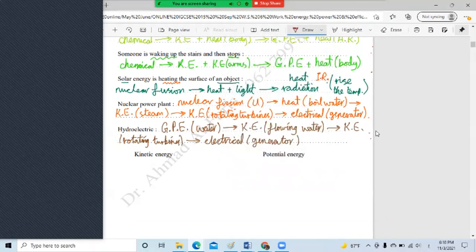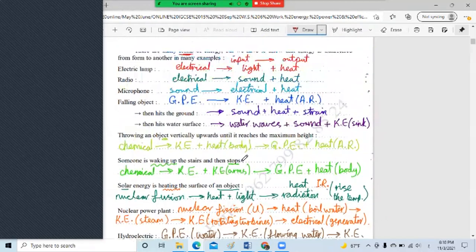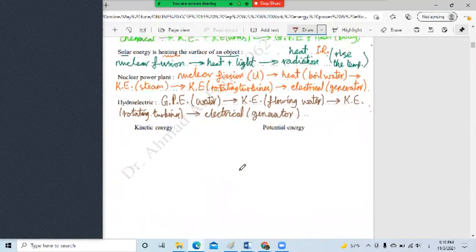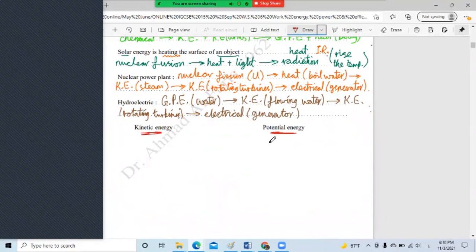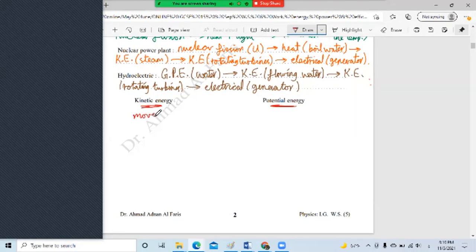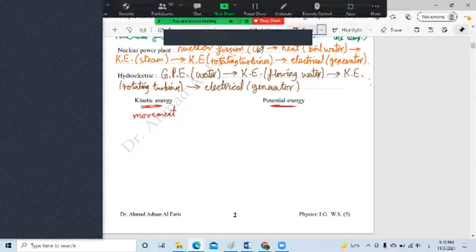These are a few examples. There are many examples of how energy transfers from one form to another. They can ask about any one of them. So the main two forms of energy that they ask about by formula and by calculations are the kinetic energy and the gravitational potential energy. So what's the kinetic energy? Any object that is in motion, in movement, has kinetic energy.